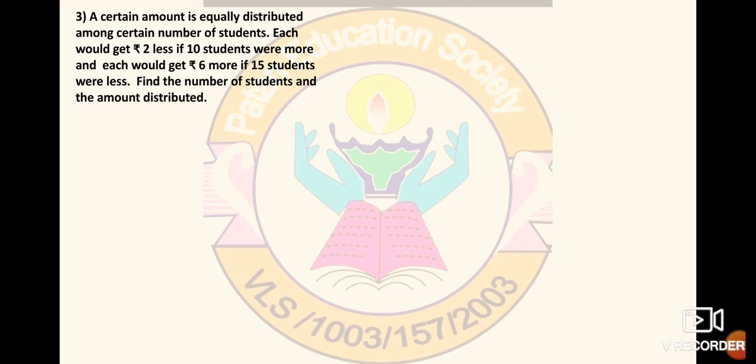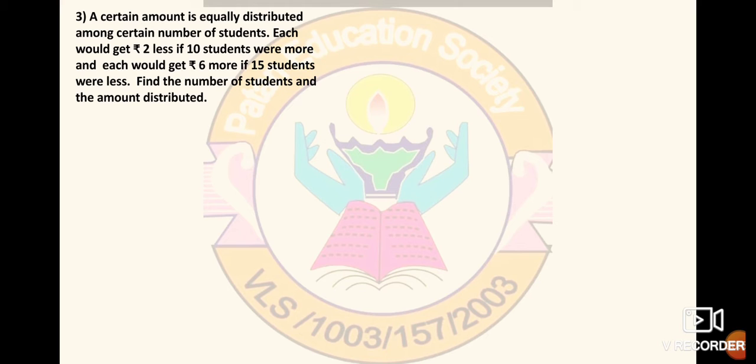Each would get rupees 2 less if 10 students were more, and each would get rupees 6 more if 15 students were less.